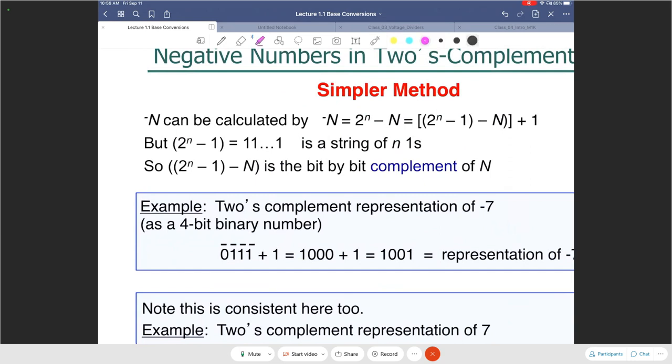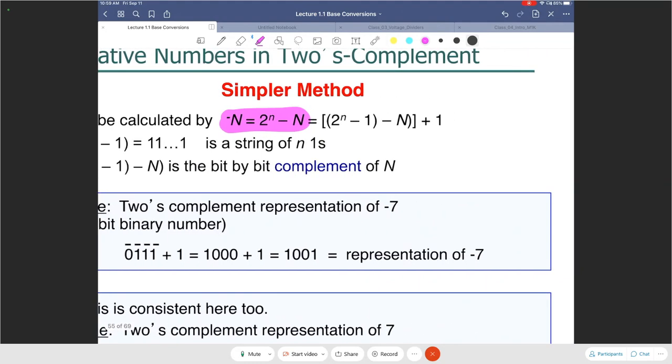The original definition of 2's complement was that you can represent a number in its negative 2's complement form by doing 2^n minus N. Now I can rewrite 2^n minus N as 2^n minus 1 minus N plus 1. So I just added and subtracted a 1, so they cancel out and I get back what I have on the left side.